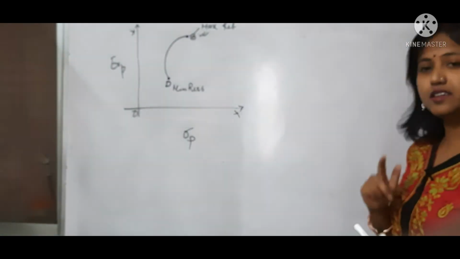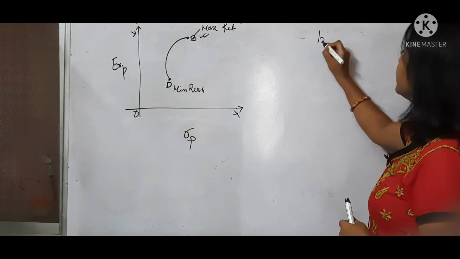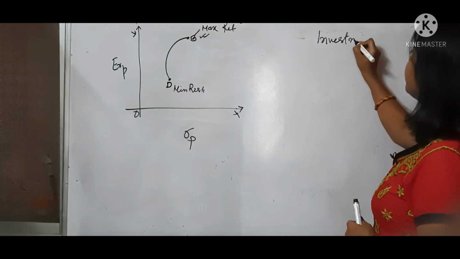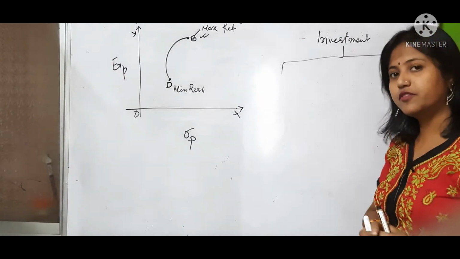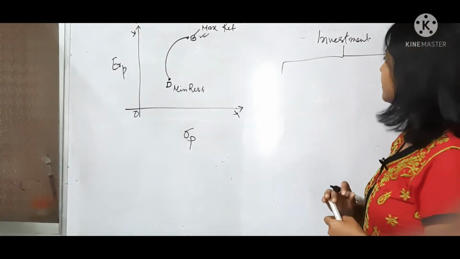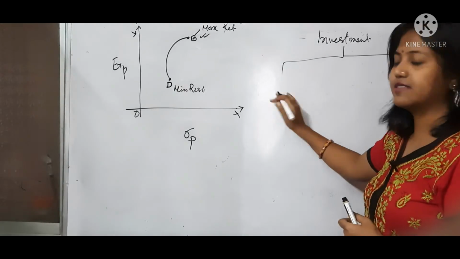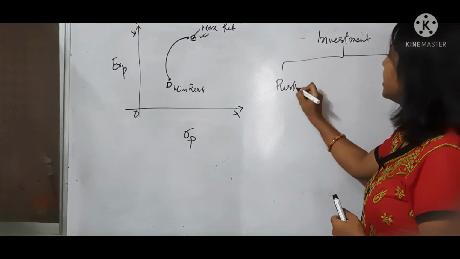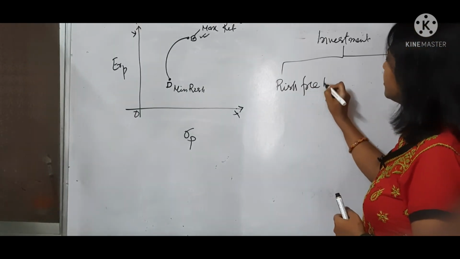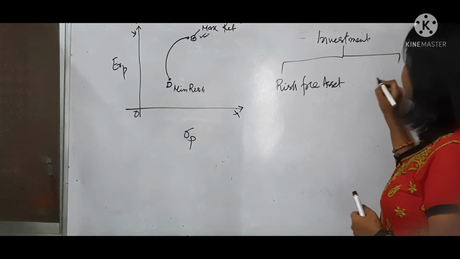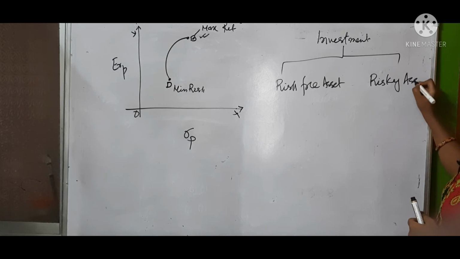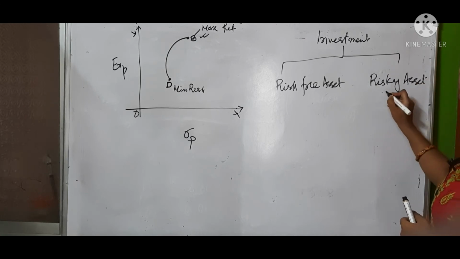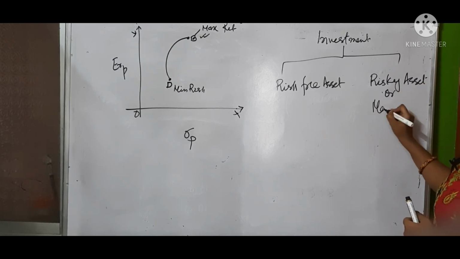For understanding the capital market line, you first have to understand that when it comes to investment, an investor has 2 alternative investment avenues. An investor can go for 2 types of assets. One is called risk-free assets. He can invest in a risk-free asset, whereas the other one is the risky asset, or we can call it market securities.